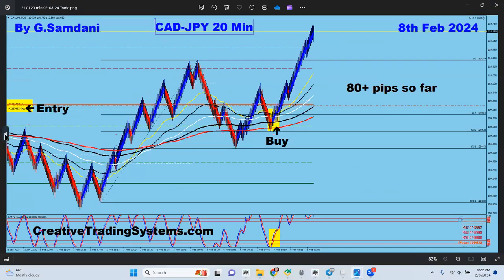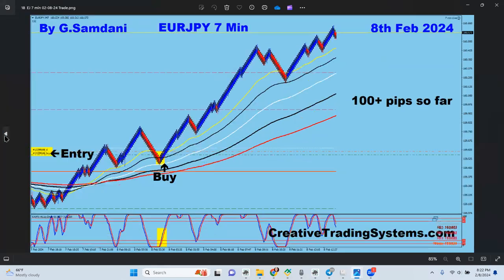What are there? This is CAD, beautiful by the book. So this is the trade opened by the EA, right there. The EA is there, CTS5 live. And you see this red, green arrow here, right? That is the sign that the EA opened this one. And this one also, I don't know where the arrow is, but I think this one was also opened by the EA.